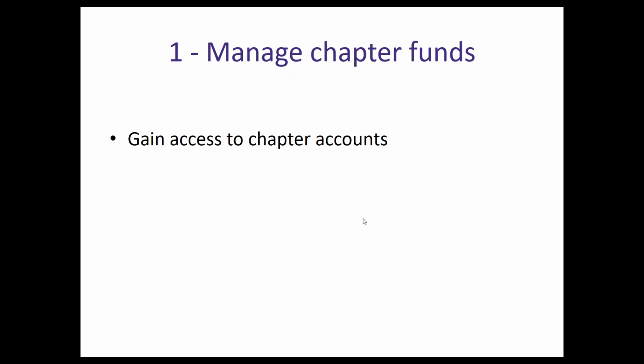Since you are the custodian of chapter funds, your first act of office should have been to gain access to the chapter accounts. Next, you'll want to make sure that you and at least one other person are listed as signatories on each of those chapter accounts.